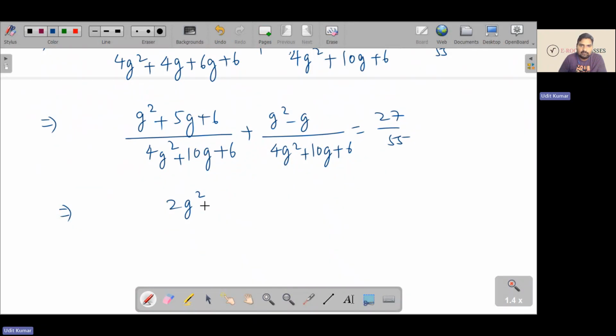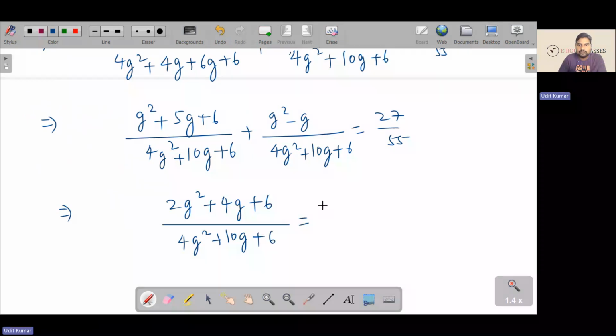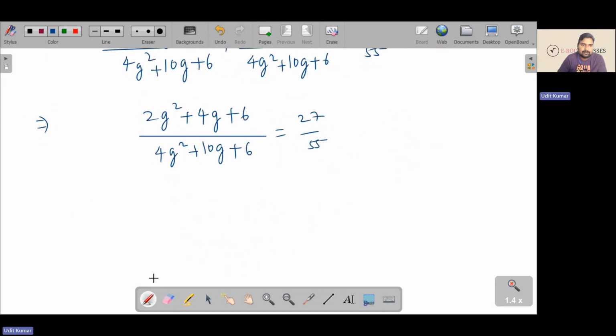5g minus g will give you plus 4g and plus 6. This divided by 4g squared plus 10g plus 6 equals 27 by 55, right? Now, I can clearly see in numerator and denominator, 2 is common.